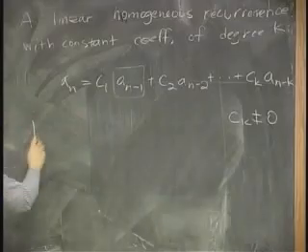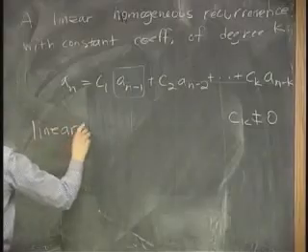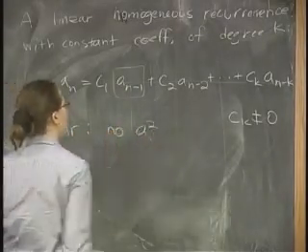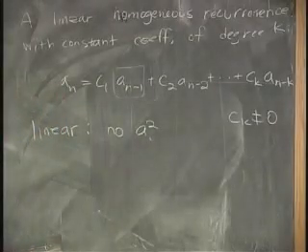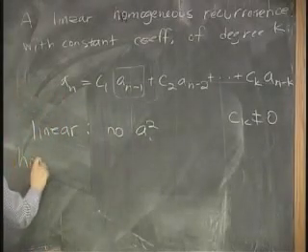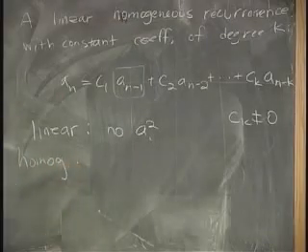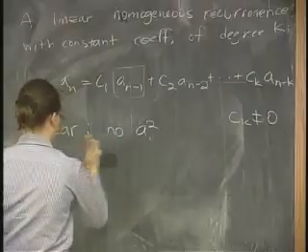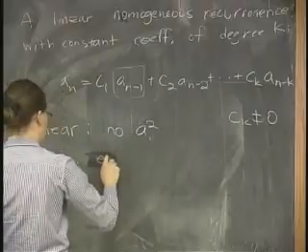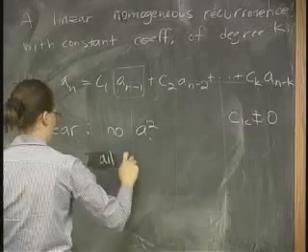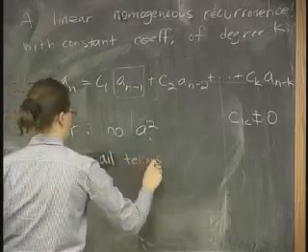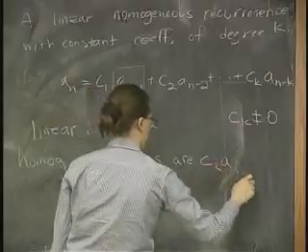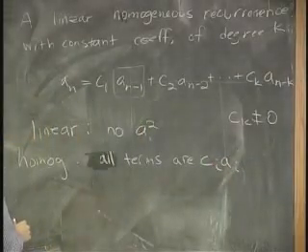I should write down. So linear means that there's no a_i squared, for example, so everything's linear in the a_i's. Homogeneous means that everything's multiplied by exactly one a_i.